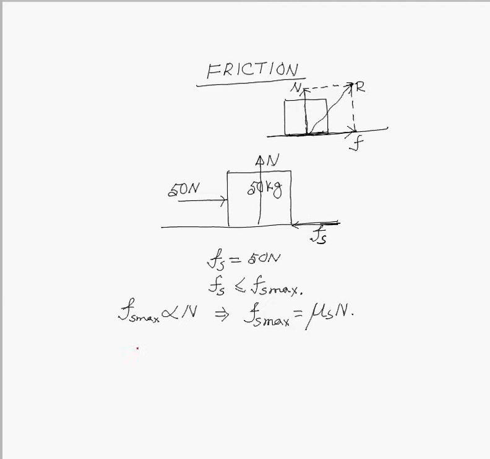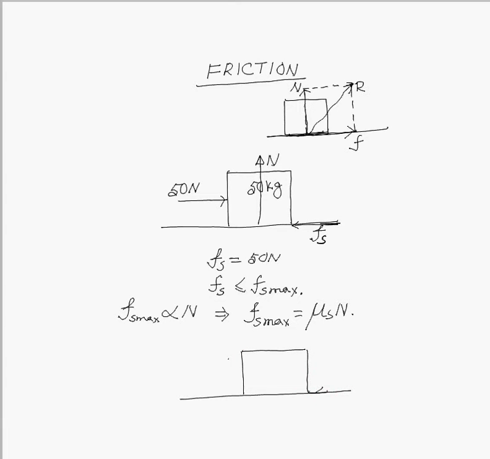When the applied force on the box exceeds this maximum value of static force of friction, the box starts slipping over the floor. And now the force of friction that comes into play between the box and the surface is what we call the kinetic force of friction.